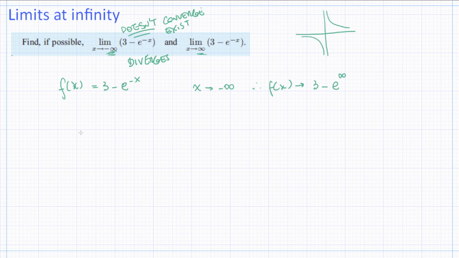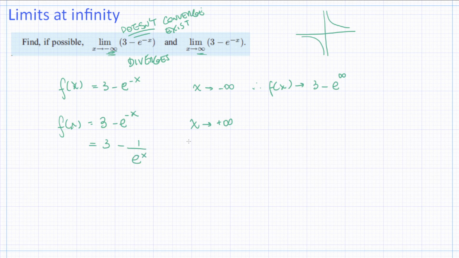Now what about the second limit? So if our function is 3 minus e to the power of negative x, however, I'm approaching positive infinity. Now why will this converge? Well, you can rewrite this in a way that perhaps is more meaningful. You could just write this as this, right?